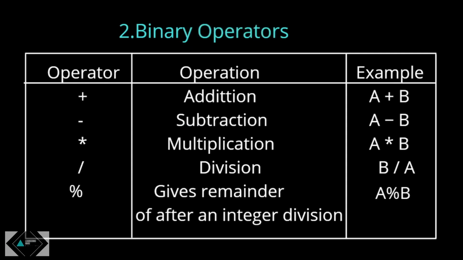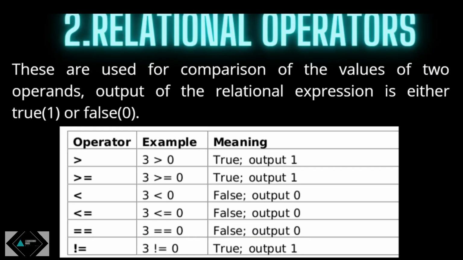So now binary operators are done. Now we'll move on to relational operators. These are the operators which are used for comparison of the values of two operands, and the output of the relational expression is either true or false. True is binary 1 and false is binary 0.